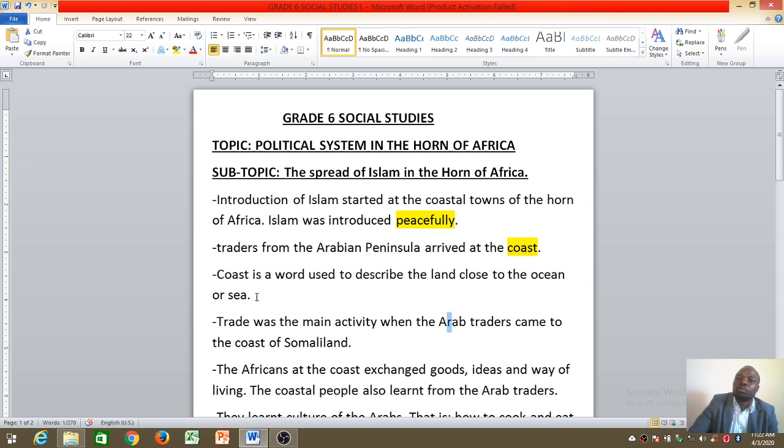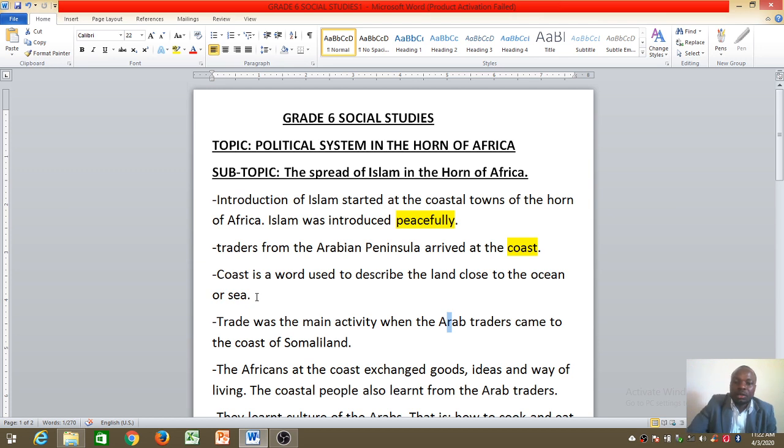Now, when you go to Berbera, for example, land which is next to the Gulf of Aden, that is what you call the coast. So along the Horn of Africa, the coastal land is land which is next to the Indian Ocean, to the Gulf of Aden and the Red Sea.